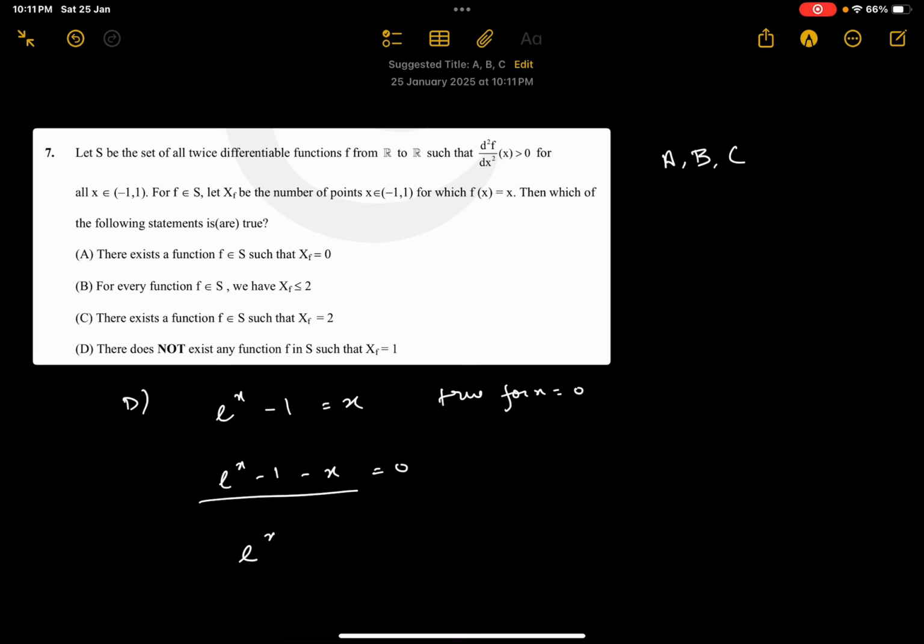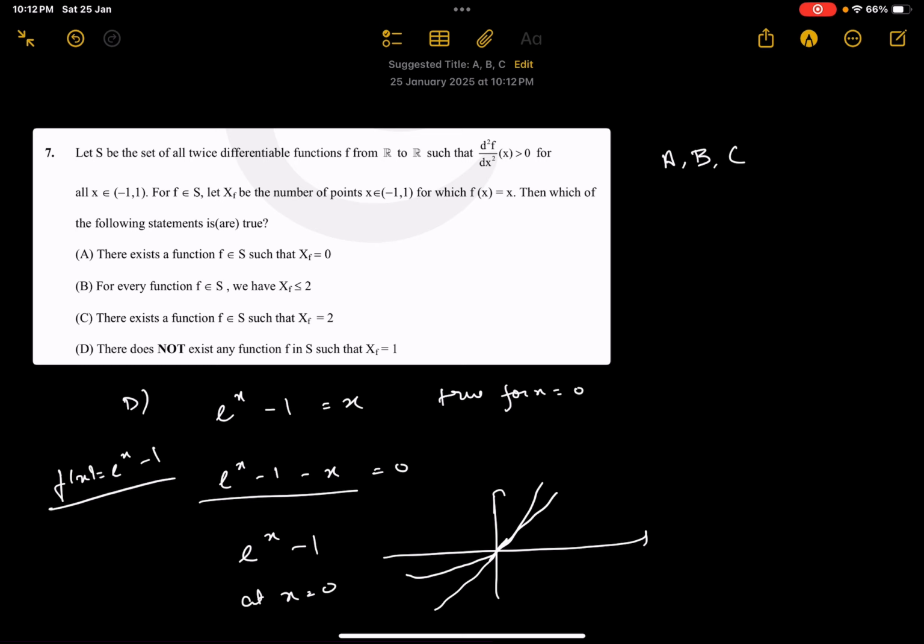The derivative of this function is e to the power of x minus 1. So that means the function is decreasing when x is less than 0 and increasing after that, so the minima will be at x equals 0. So yeah, this indeed has only one solution at x equals 0. So f(x) equals e to the power of x minus 1 will satisfy the condition.